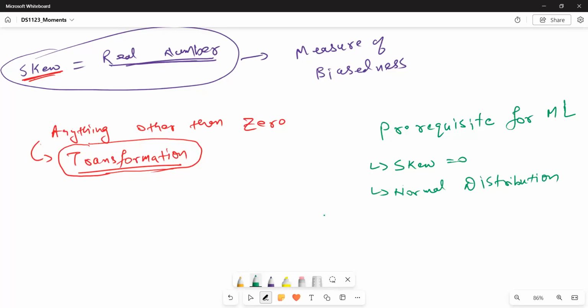The third thing is that all the data points have to be in the same range of values. It should not be like the height of a person is present from 100 to 200 centimeters, and the age of a person is present from 18 to 40 years.